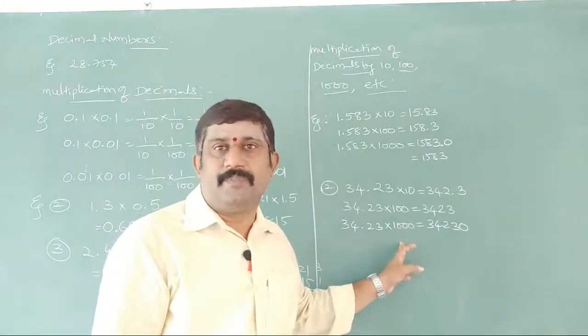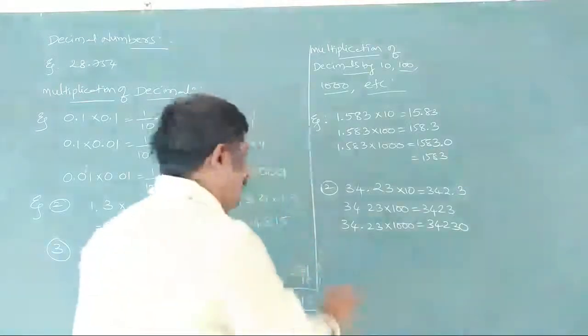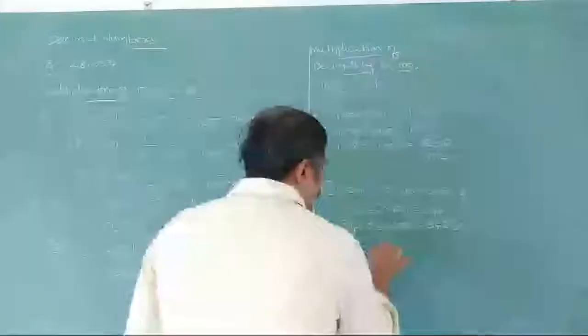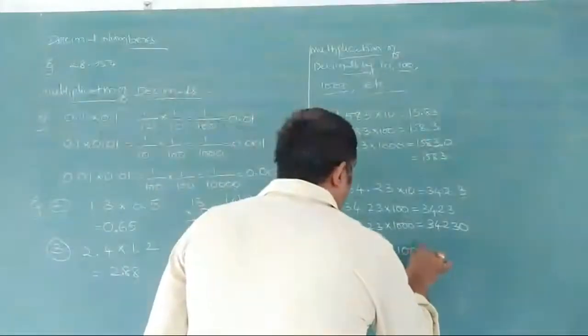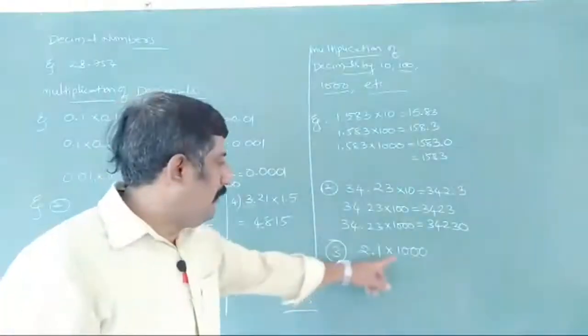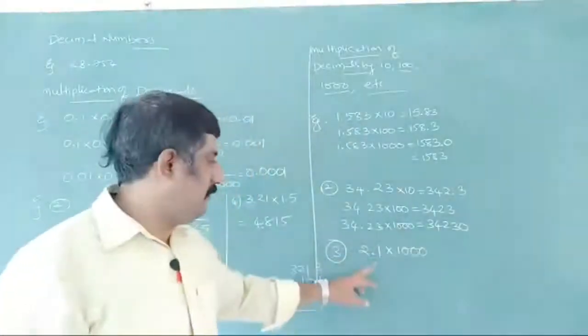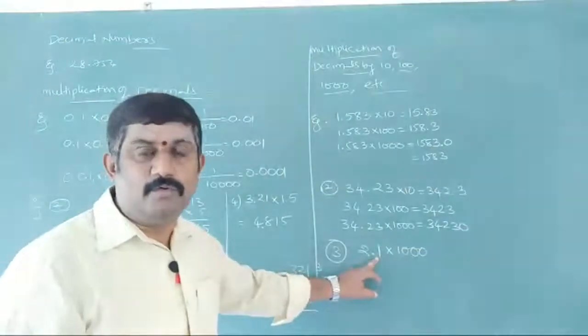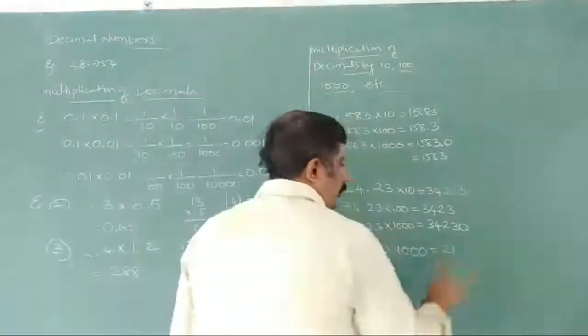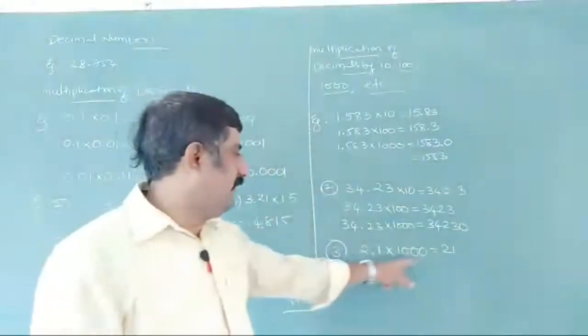Got it, all of you? Okay, one more last example. For the zeros, I am taking 2.1 into 1000. 1, 2, 3 zeros we have here, but only one digit we have here. So you should write that one digit as it is first of all. 21 I am writing, 1 zero eliminated.